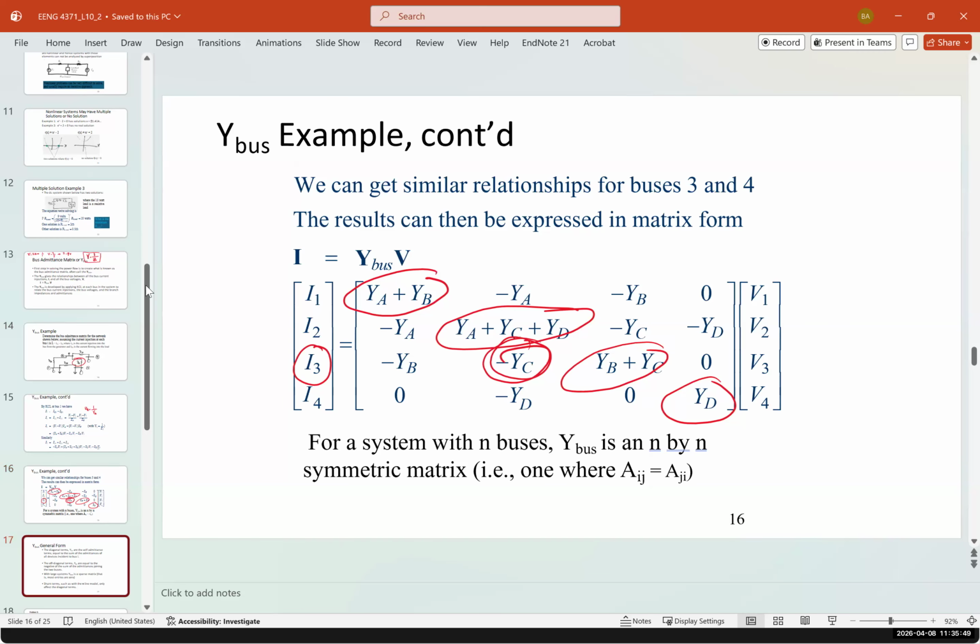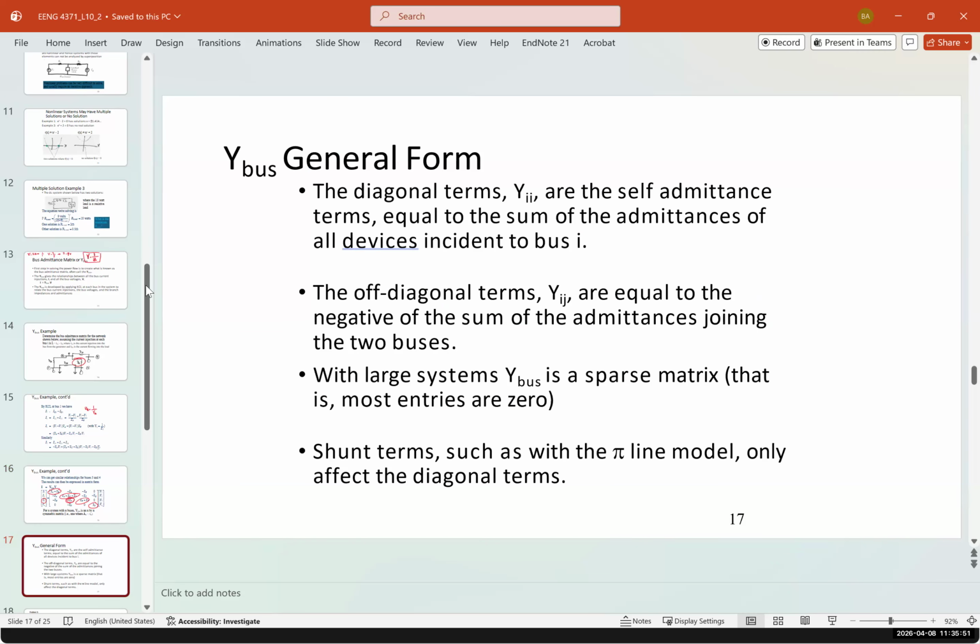Okay. So the Y bus general form: the diagonal terms Yii are the self-admittance terms, equal to the sum of admittances of all devices incident to bus i. The off-diagonal terms Yij are equal to the negative of the sum of the admittances joining the two buses.